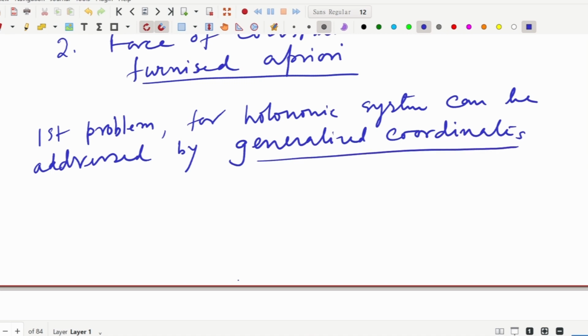We will learn what a generalized coordinate is. The first problem is that all variables are not independent.